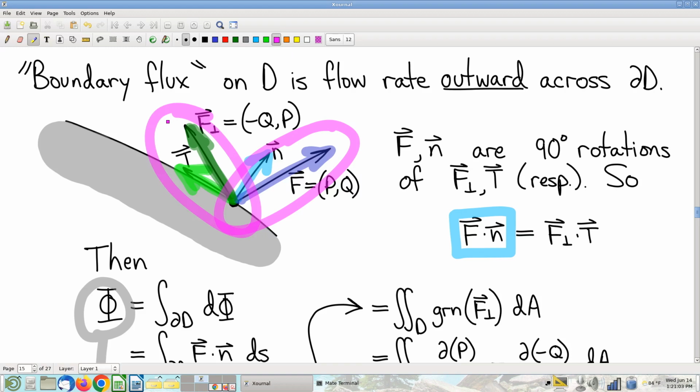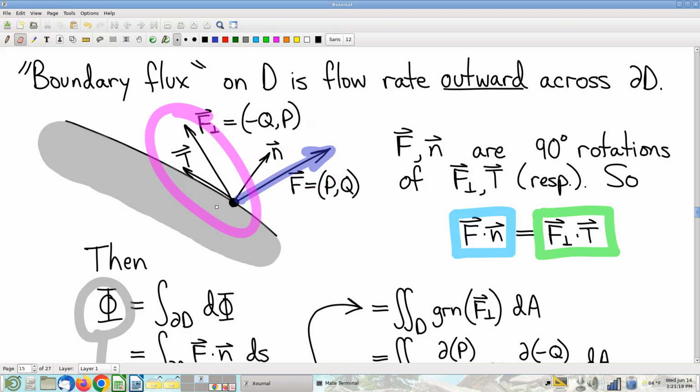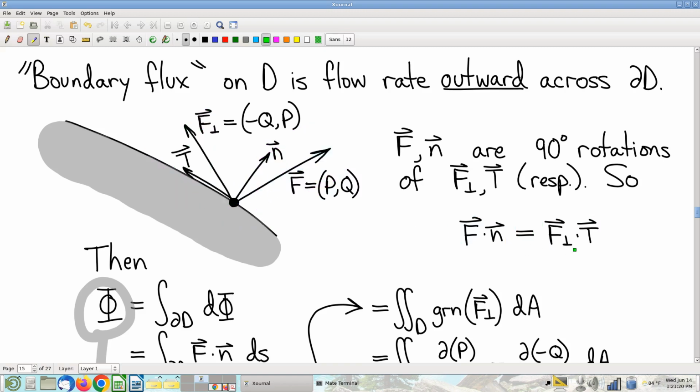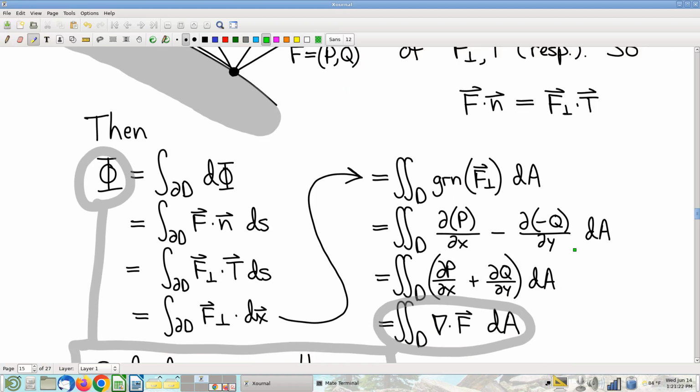So this dot product should be the same. So the blue dot product should equal the green dot product. After all, they're just rotations of each other. Now, why that's going to be useful will evidence itself in a minute. For the moment, let's just proceed with our original calculation.